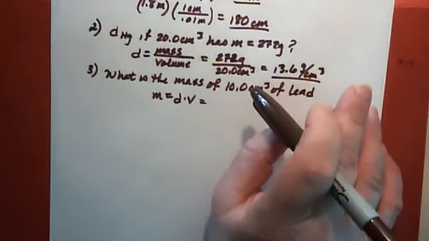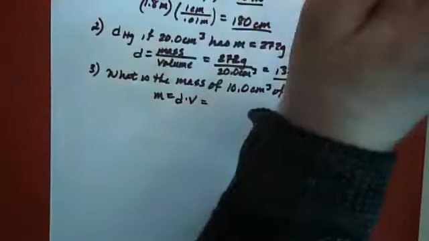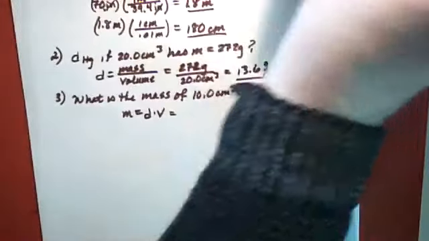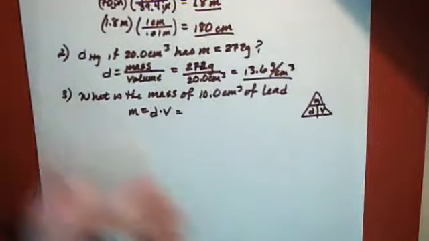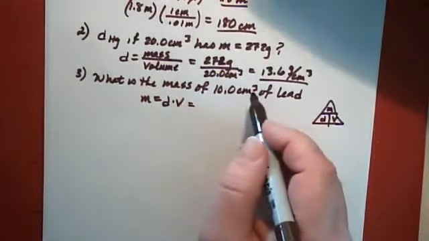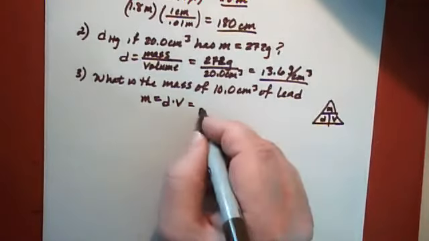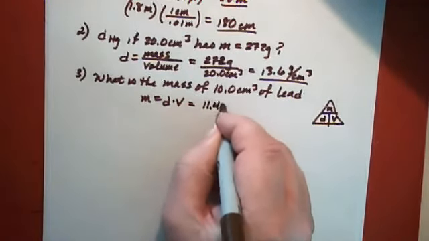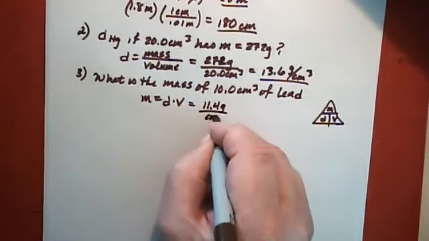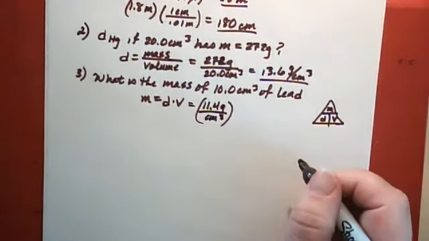So you can look up the density of lead in any number of different places. It's in the textbook. Table 1.3 on page 9 has a table of densities. But you could look it up on Google if you want to, and it should be the same number because lead is lead. According to the table, lead has a density of 11.4 grams per cubic centimeter.